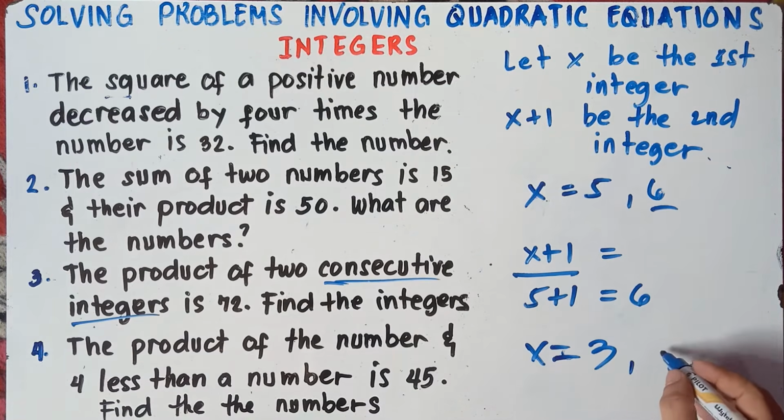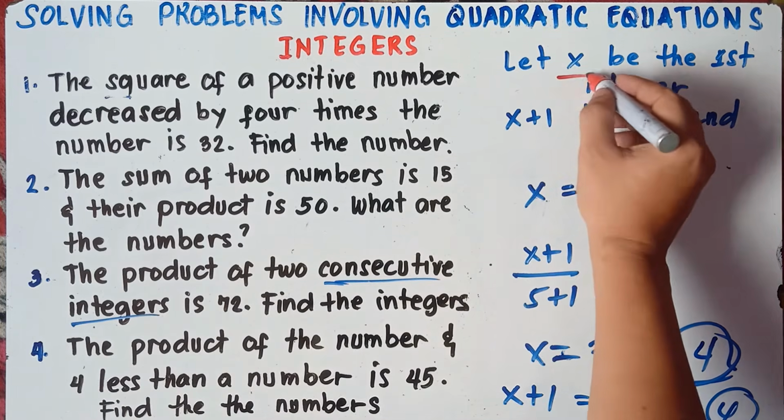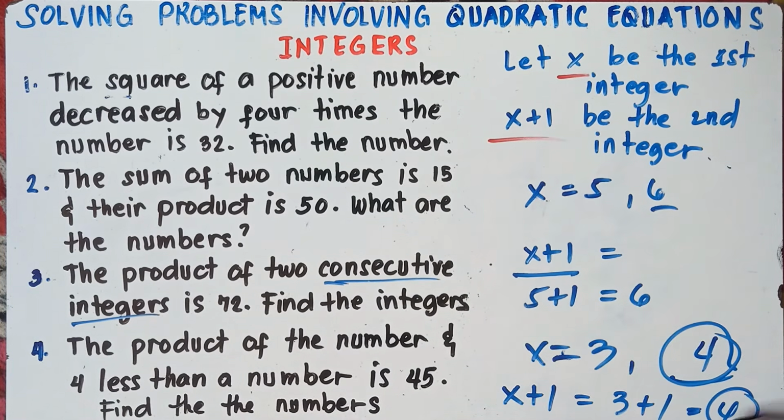Of course, that would be 4, right? How will you get 4? If x is 3, you will add 1. X plus 1, so 3 plus 1 is 4. Therefore, the next integer will be x plus 1. So, this will be our equation: x and x plus 1.